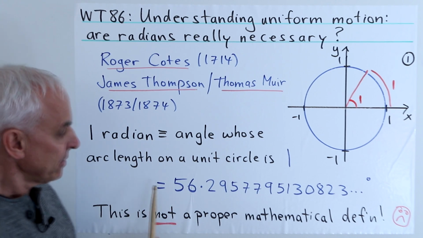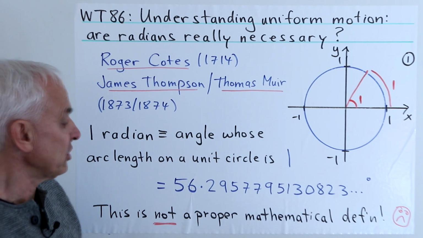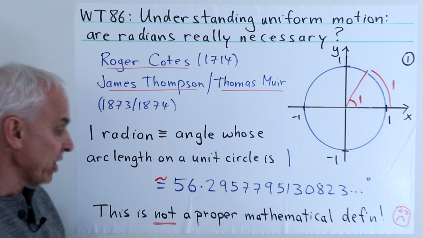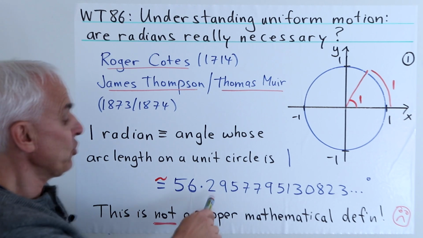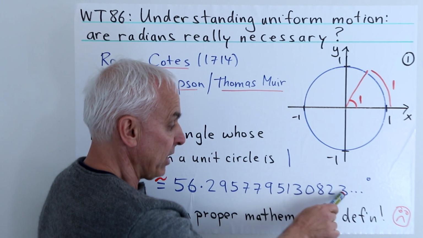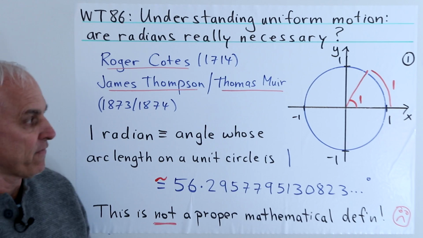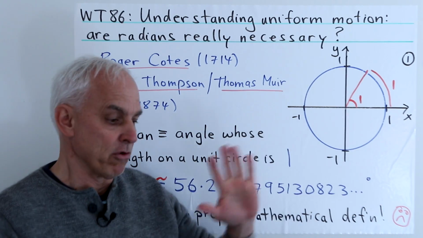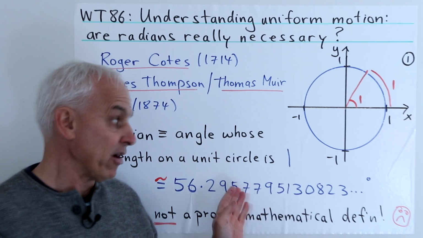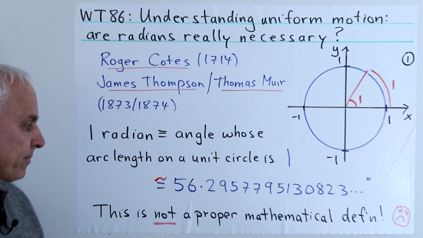As an expression in terms of degrees, this turns out to be approximately 57.2957795130823... degrees. So converting from radians to degrees or back is something that we can do approximately and invariably invokes these infinite decimals.